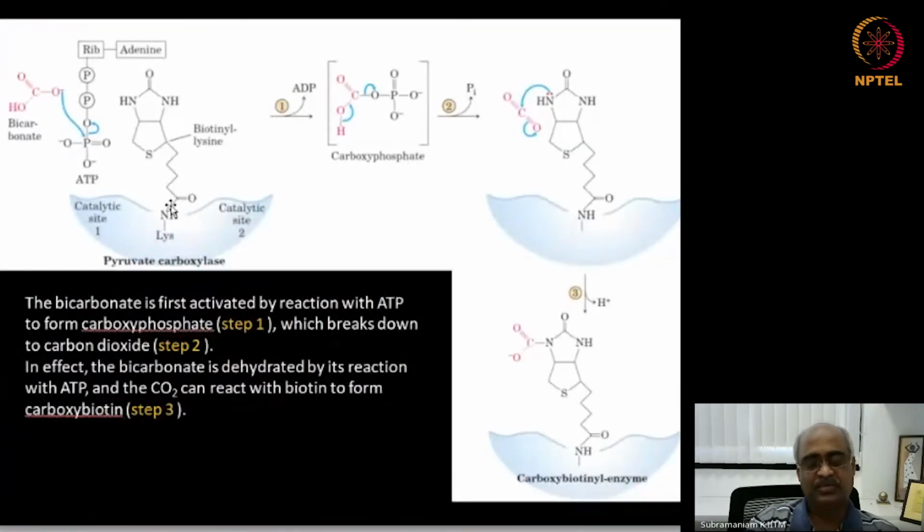Remember, lysine has a long side chain with an epsilon amino group, and there, in amide linkage, this is attached. So like lipoic acid, this also carries a carboxyl group, and that is in amide linkage here. And this again has a long chain.